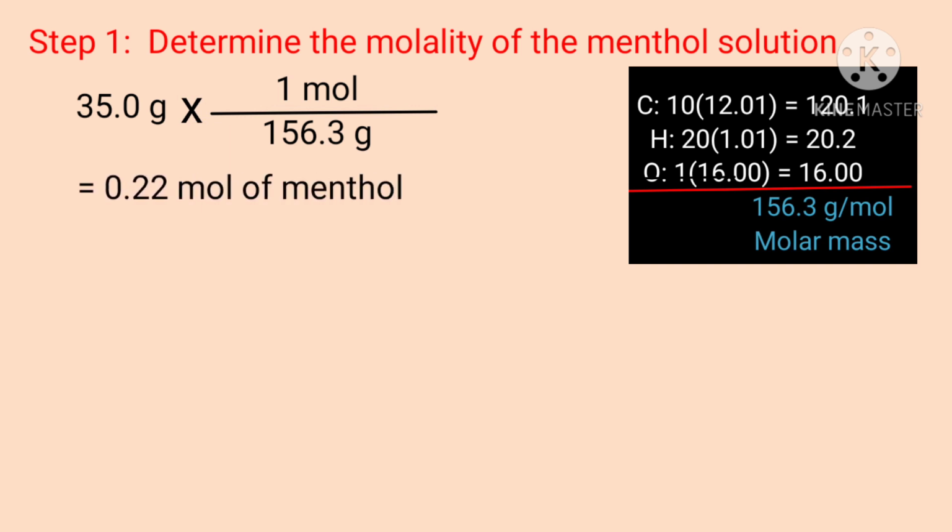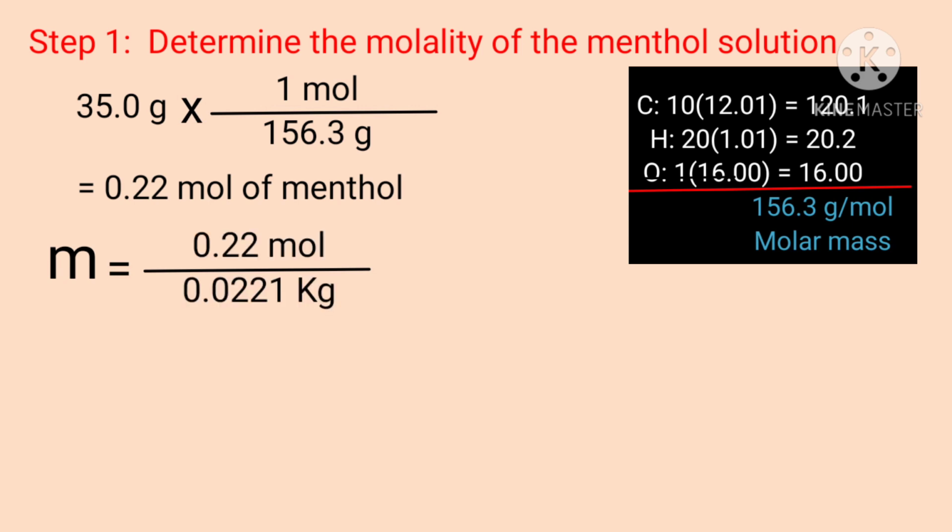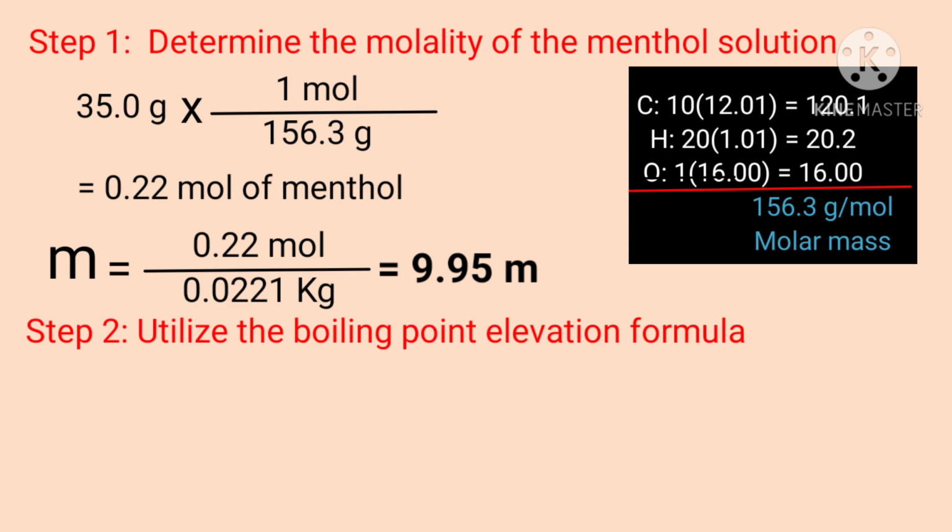Since you have the moles, proceed to the calculation of molality. Since the kilogram of chloroform is given, plug in to the formula of molality. So 0.22 moles of menthol divided by 0.0221 kilogram of chloroform. This will become 9.95 molal.